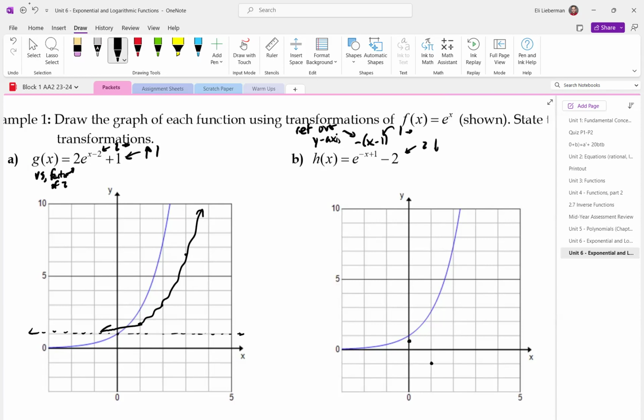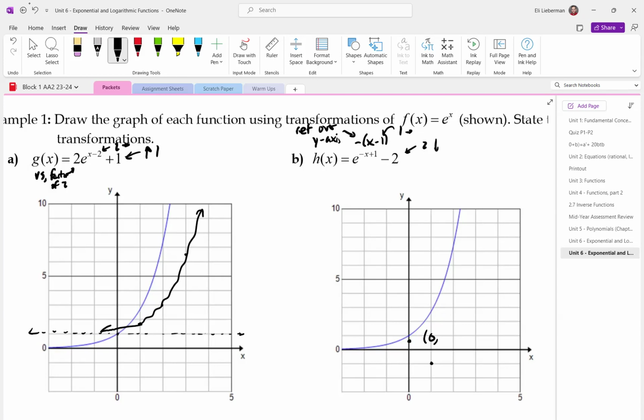Do you know what the coordinates of that point are? Check with your neighbor. What are the coordinates of that point I just drew? Nice.